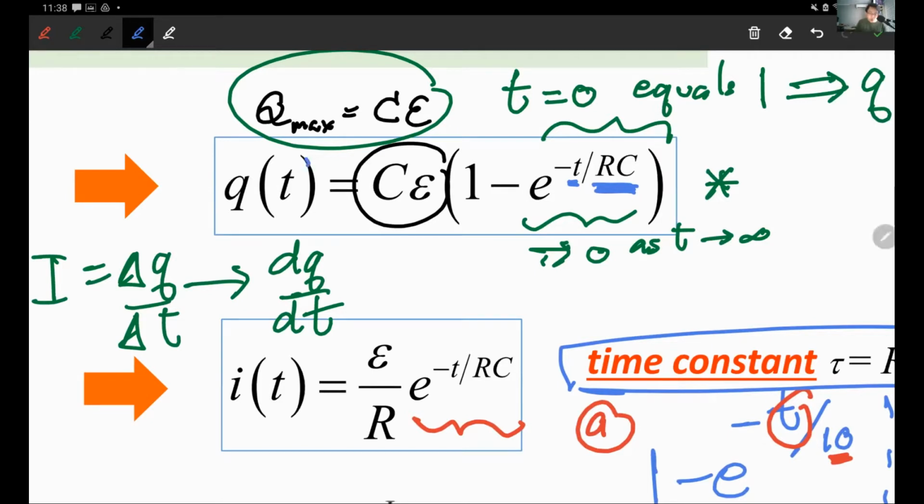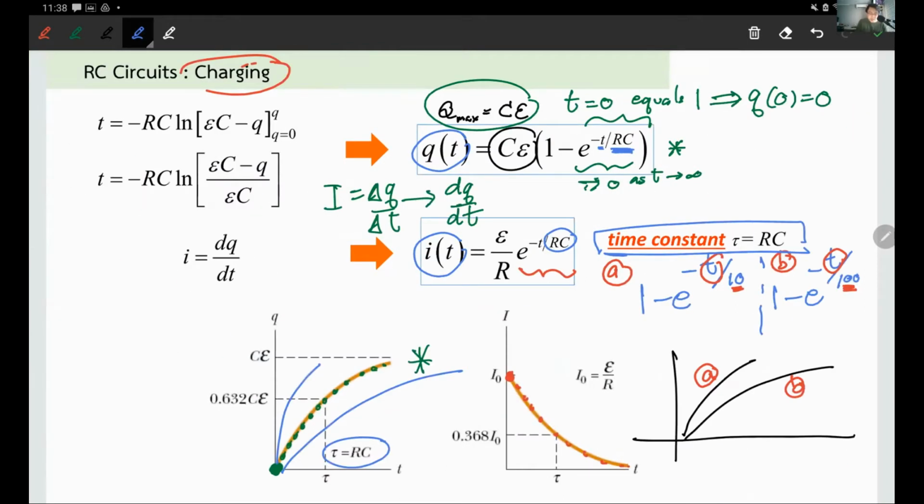The charge will increase exponentially through this t over RC factor. The current will diminish with the same exponential decay factor. So when you look at the RC circuit, the RC is a characteristic time of the charging or discharging of the capacitor in the circuit.